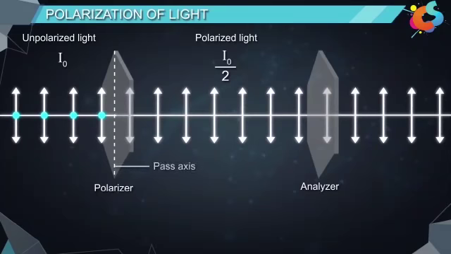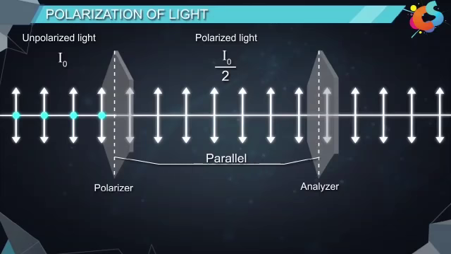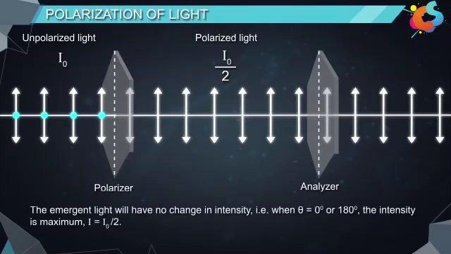If the pass axis of the polarizer is parallel to the pass axis of the analyzer, the emergent light will have no change in intensity. That is, when theta is equal to 0 degree or 180 degree, the intensity is maximum. That is, I is equal to I naught by 2. I naught is the maximum intensity.